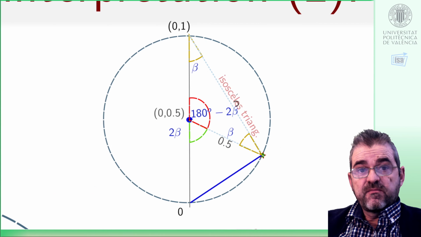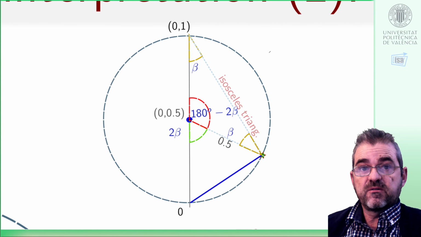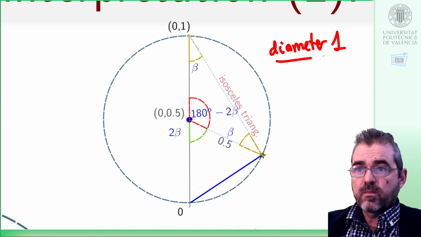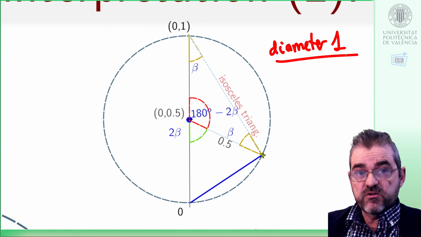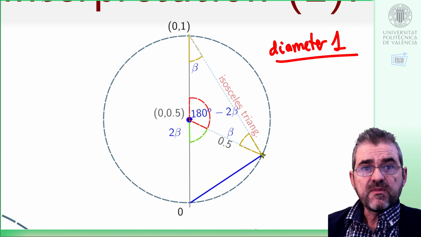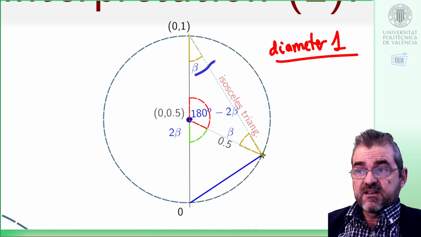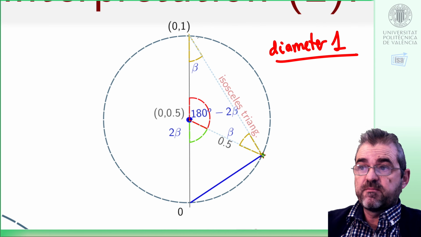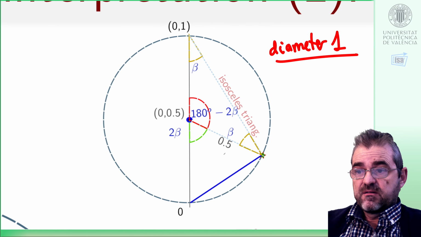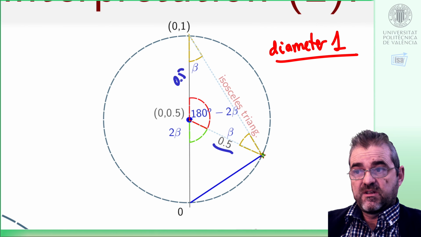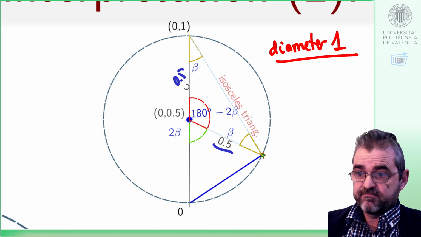If we consider a circle half the size of the circle we were considering until now, so this is diameter 1, not radius 1 as before. If this angle we call beta, then the length of this is 0.5, the radius, and of course this is also 0.5, the radius.